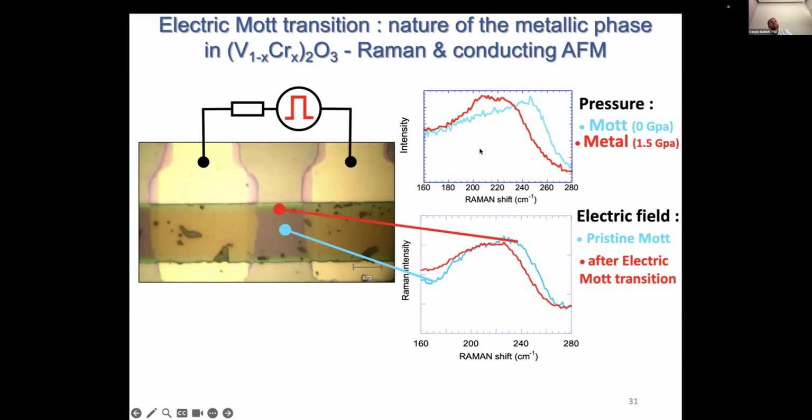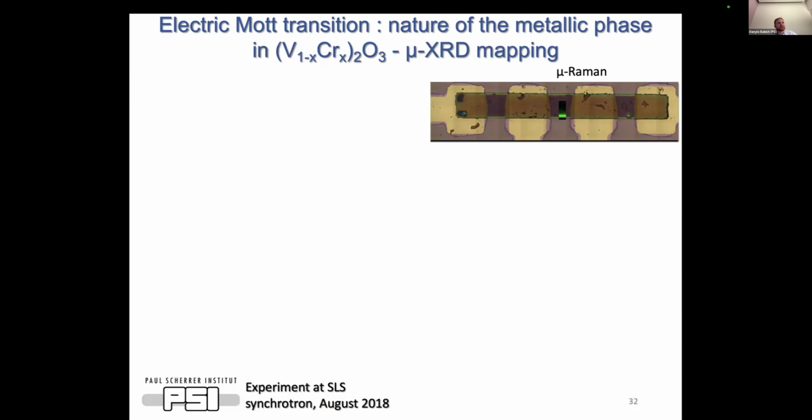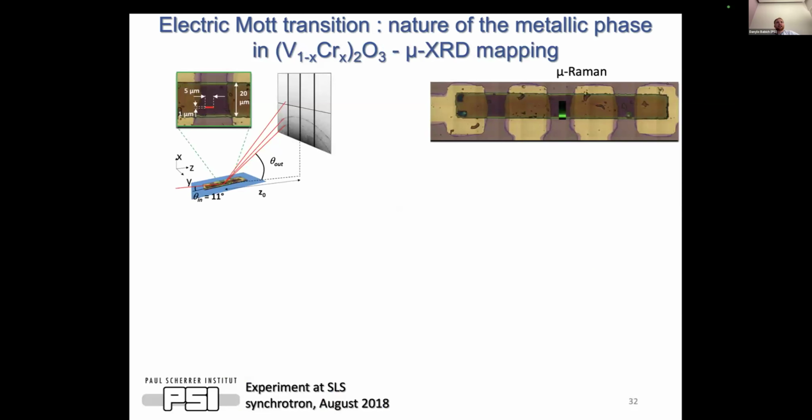Here you can directly see the shift of the Raman mode with pressure applied, and here the change with electric field applied. So what is this phase? Now the story turns to an instrument which we will probably build under the Light to Ukraine project, but which already exists for a year: a Micro-XRD beamline at the Swiss Light Source. We studied this device and the transited sample by micro-XRD diffraction.